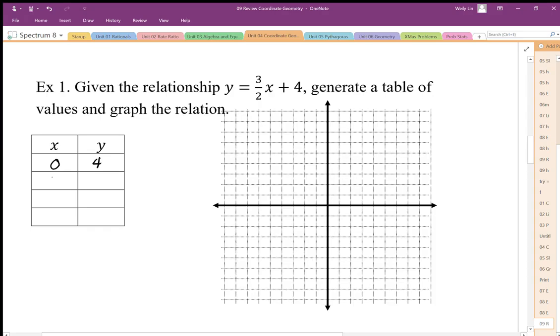I really should go up by 2s or 4s. So I'm going to go up by 2, 4, 6. So here I'm going to end up with 7, 10, and looks like 13 here. So my points are going to be at (0, 4), (2, 7), and (4, 10).